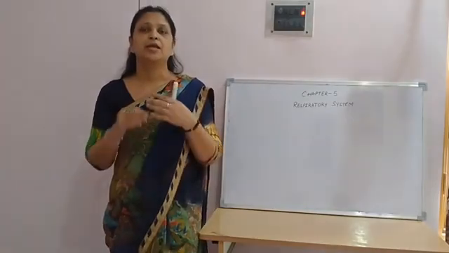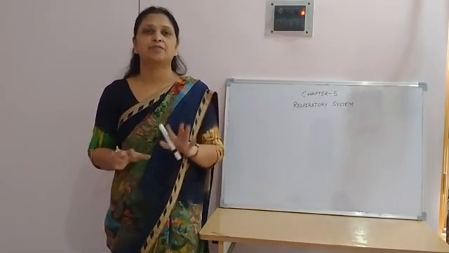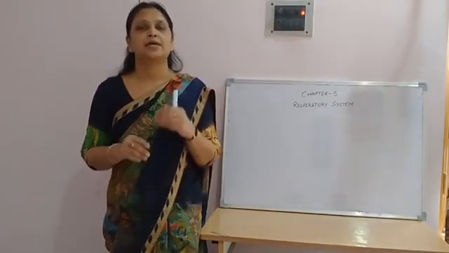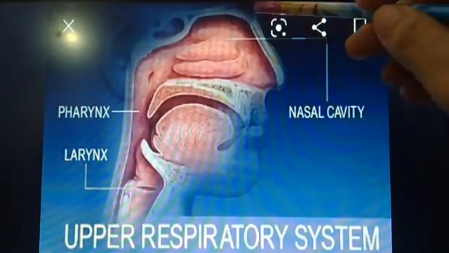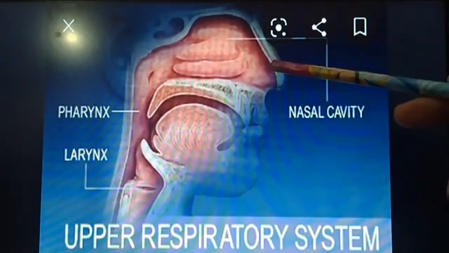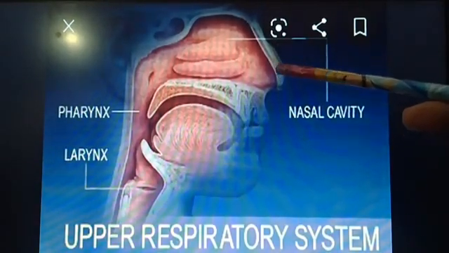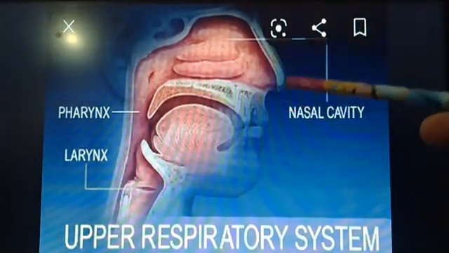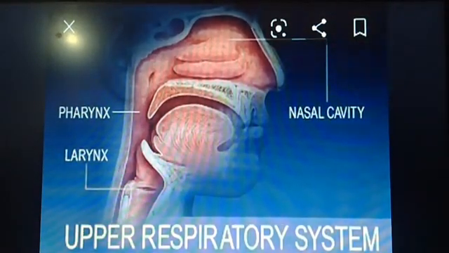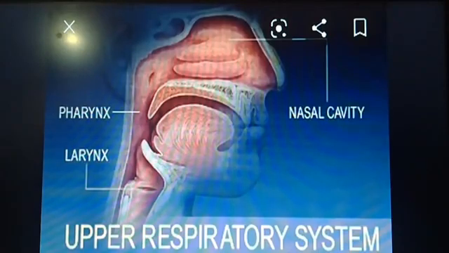Now, dear children, let's study each and every part of the respiratory system. The nose is the part situated on the face above the lips. It detects odor molecules and helps filter and warm the air we inhale.